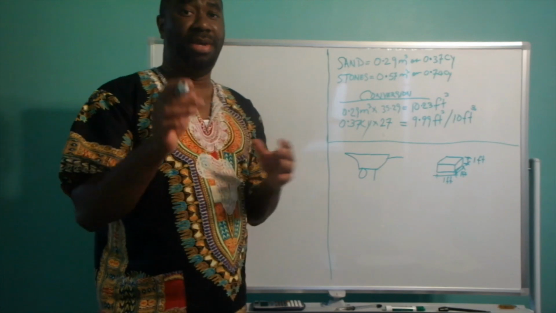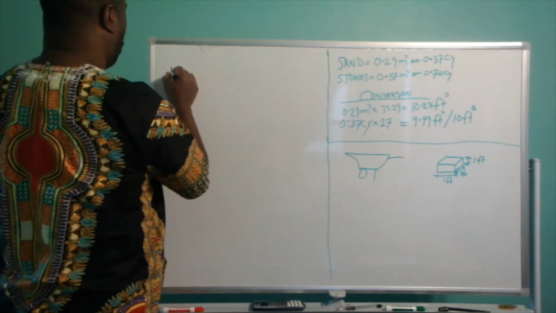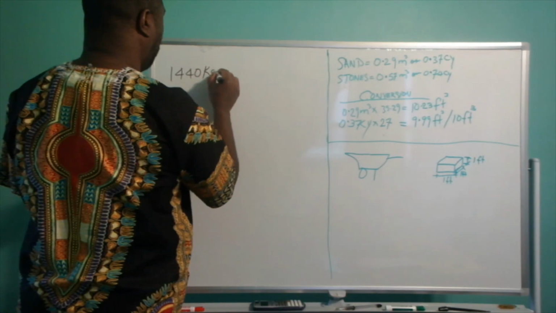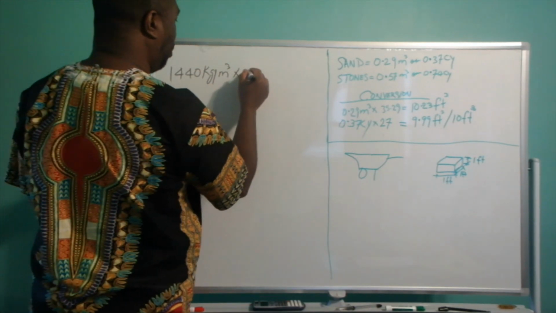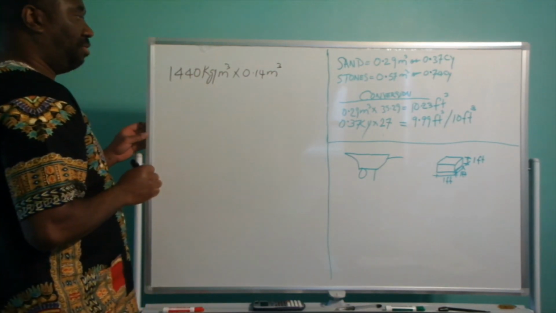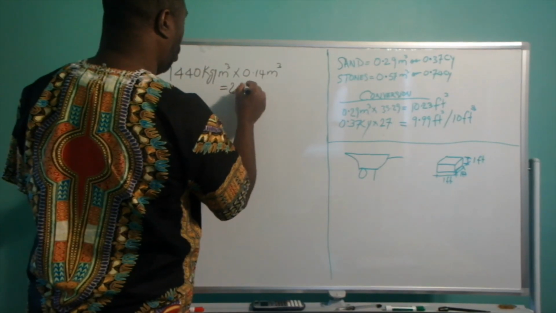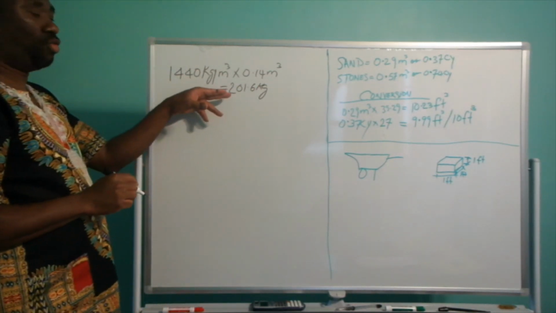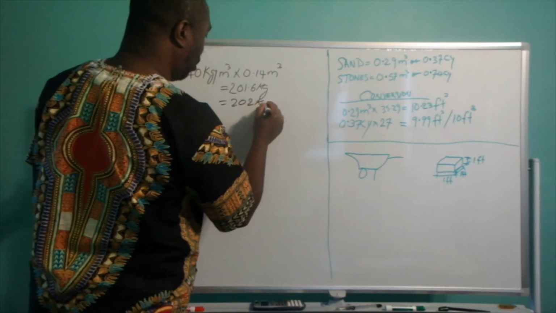So therefore the weight of cement, or the density of cement, is 1,440 kilograms per meter cube, and we times that by 0.14 meter cube, the volume for the cement, and the result of that is 201.6 kilograms, and we rounded up this 201.6 to 202 kilograms.